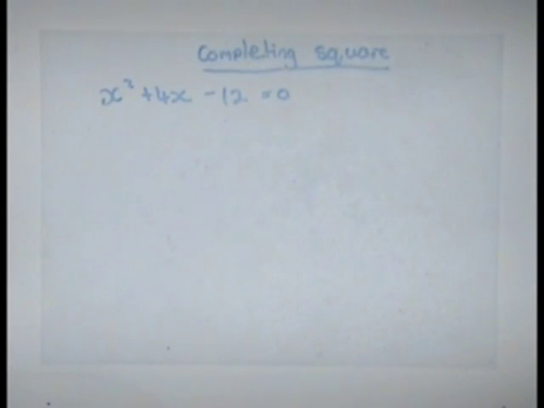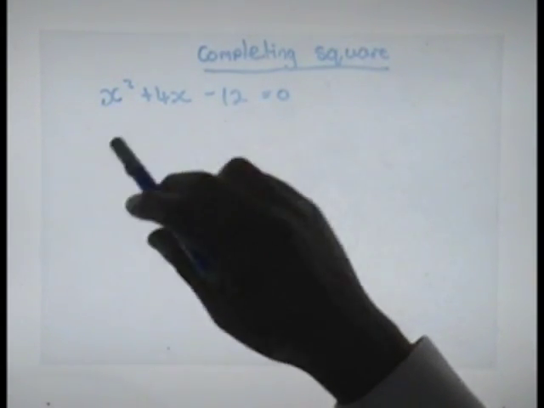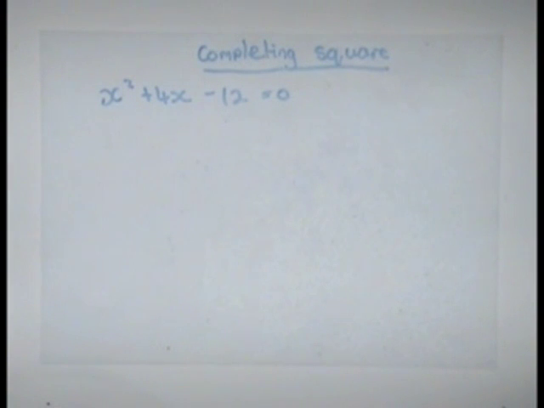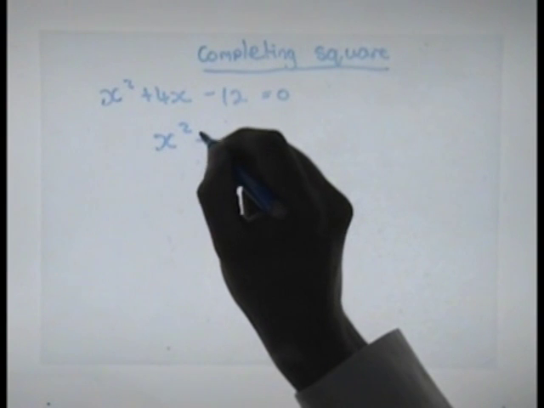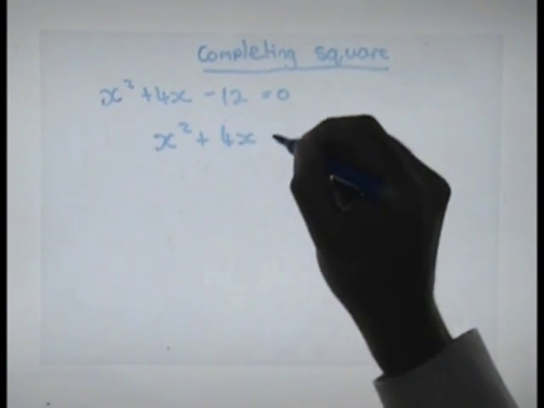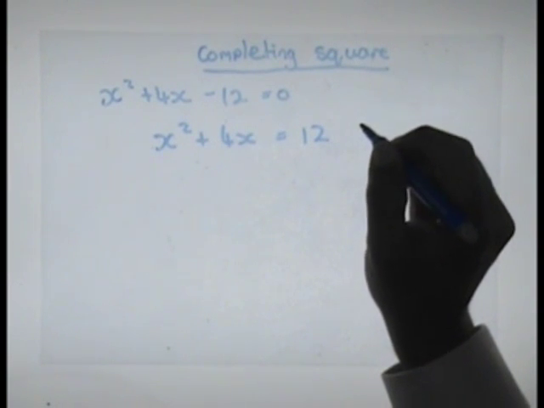Now we are going to look at completing the square as a technique for finding our two x values that make this true. I'm going to start by saying x squared plus 4x is equal to, take the 12 across to make it positive 12.